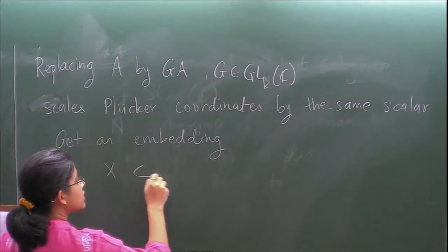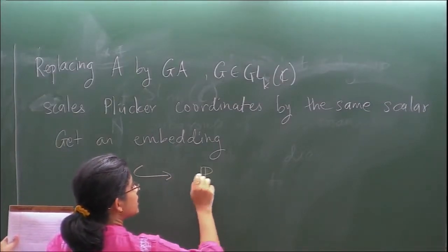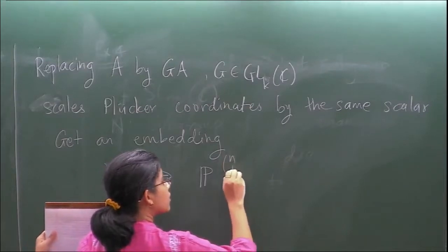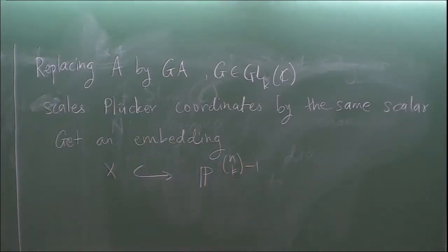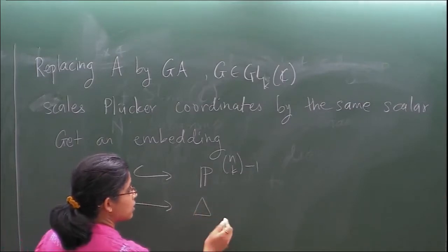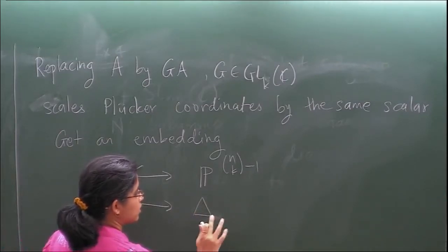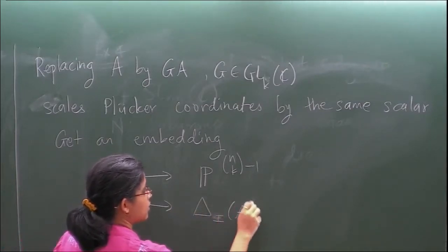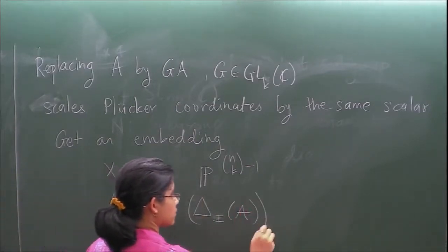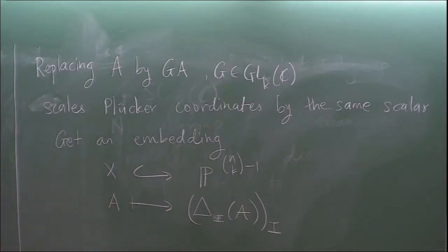We get an embedding from X to projective space of dimension (n choose k) minus 1. A matrix goes to its Plücker coordinates. That's the map, and this is called the Plücker embedding.